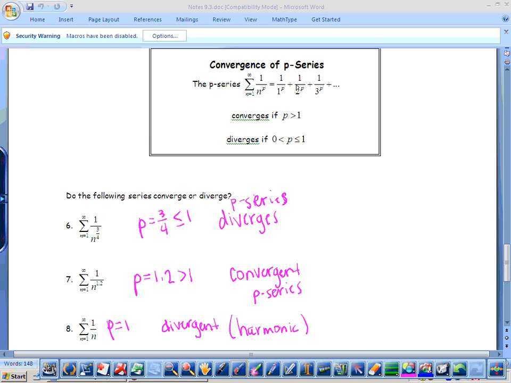If you think about it, though, it makes sense that it will converge if p is greater than 1 because yesterday we talked about a series converging if it approaches 0 faster than some other series. So the bigger the exponent on your bottom, the faster it's going to approach 0, and the more likely it is to converge. So that's why your p-value needs to be greater than 1.